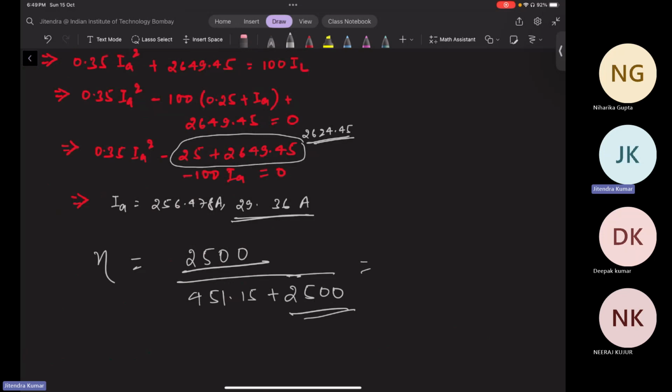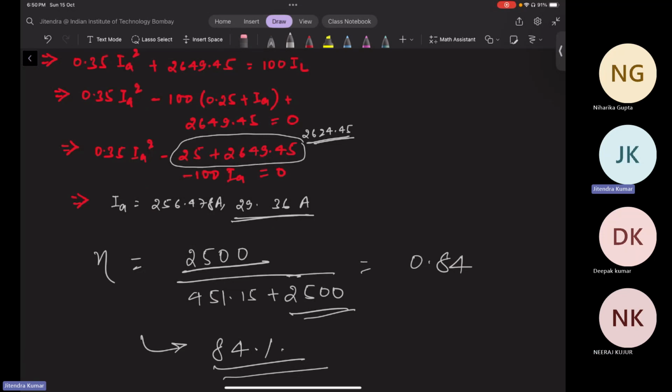So 2500 divided by 2500 plus 451.15 will give us 0.84. So it means this machine is 84% efficient. Okay, any doubt in this? No, sir.